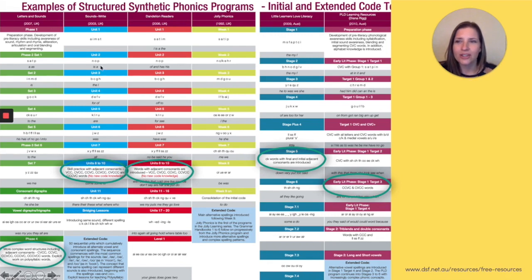So you can see it's usually after this basic code has already been mastered, and then we get VCC, so vowel consonant consonant, or CVCC, CCVC, etc. So here's comparing the UK Letters and Sounds, Sounds Right and Dandelion Readers, which are the same sequence. We've got Jolly Phonics, that's not on the page where adjacent consonants come in. Little Learners Love Literacy, and the PLD sequence, which is an Australian system.